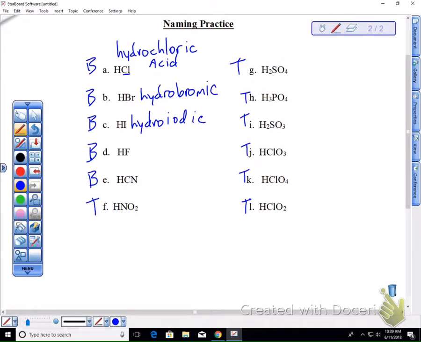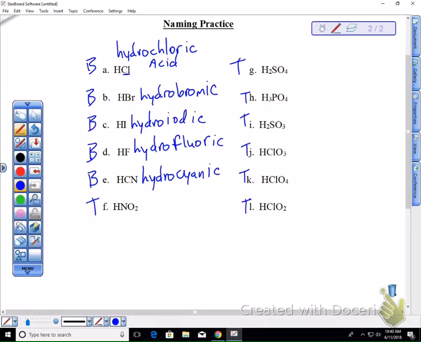And then finally, D, hydrofluoric, fluorine is fluor, and we add ic. The ic is actually replacing ide in the monatomics. E is our last binary. Remember, it's the exception, so it's still hydro. Cyanide becomes cyan. Ide becomes ic.